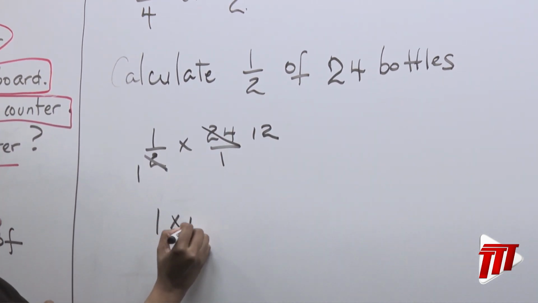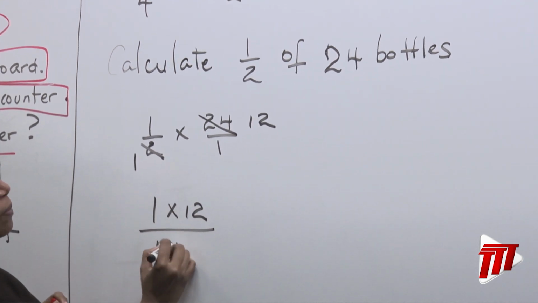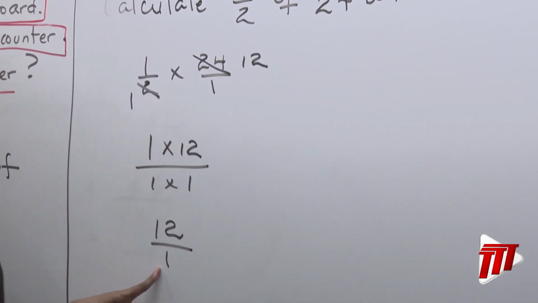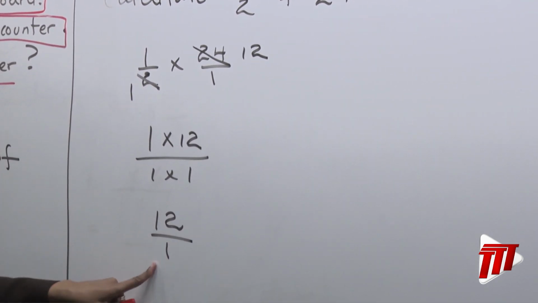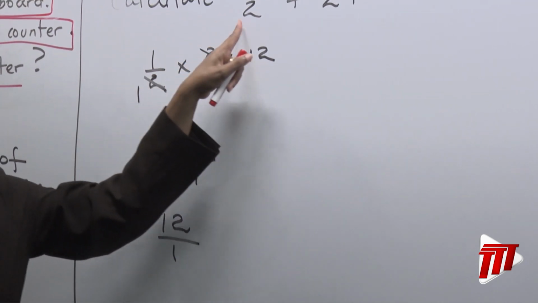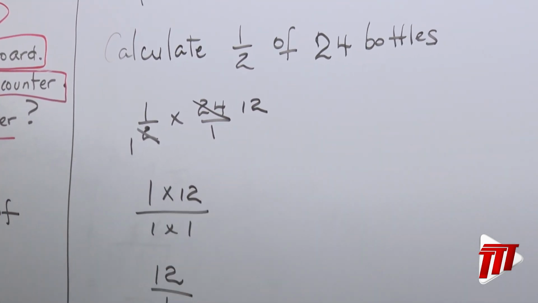1 multiplied by 12, 1 multiplied by 1. 12. 1 is in the denominator. We must be speaking of 12 wholes. We calculate 1/2 of the 24 bottles.